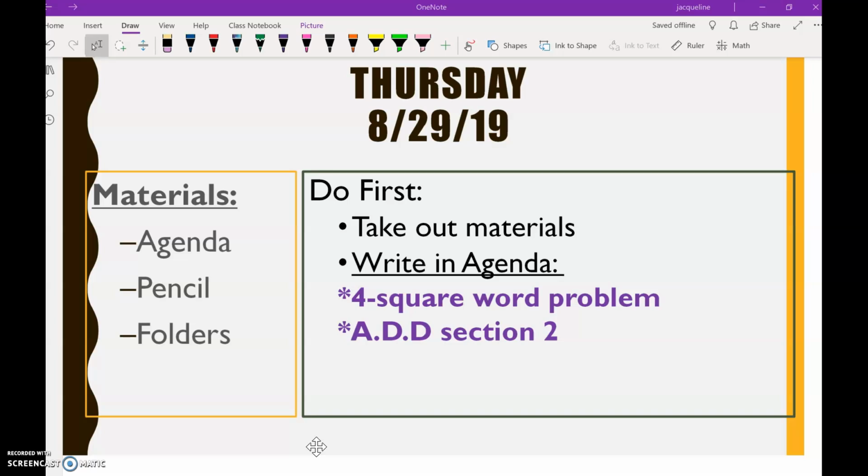Along with that, behind your weekly checklist, section 2, your ADD concept corners will be due as well, along with your packet tomorrow. So please take this time and write in your agenda.